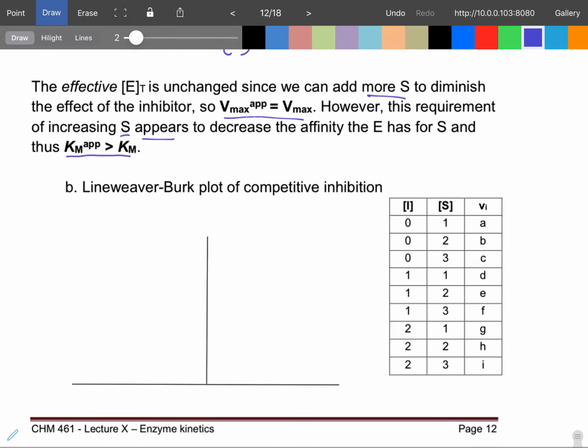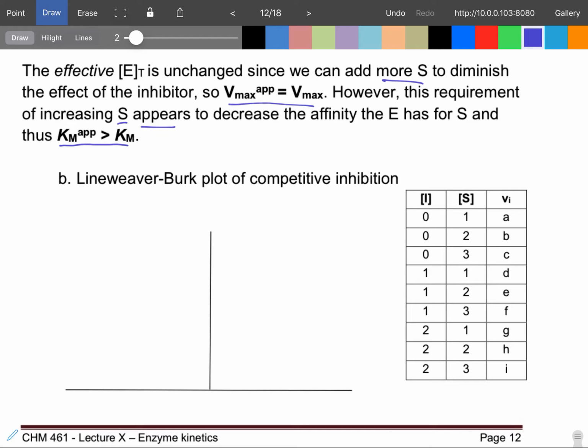So let's look at the Lineweaver-Burk plot for competitive inhibition, or the double reciprocal plot for this. And what I'm showing here is, again, a series of substrate concentrations, different velocities that are produced, and we're doing those at 3 different concentrations of inhibitor. And so the first one is 0 inhibitor, and that's going to look a lot like what we've seen before.